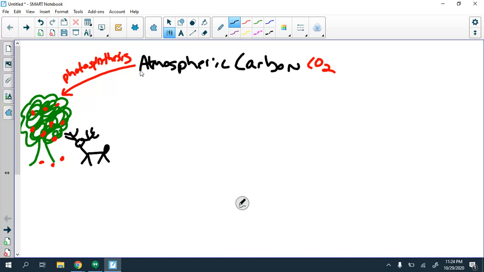I'm going to label this as a deer. And what's going to happen is, right, so the deer eats the apple. So the deer eats the apple. So the carbon that was in the apple is now a part of the deer.